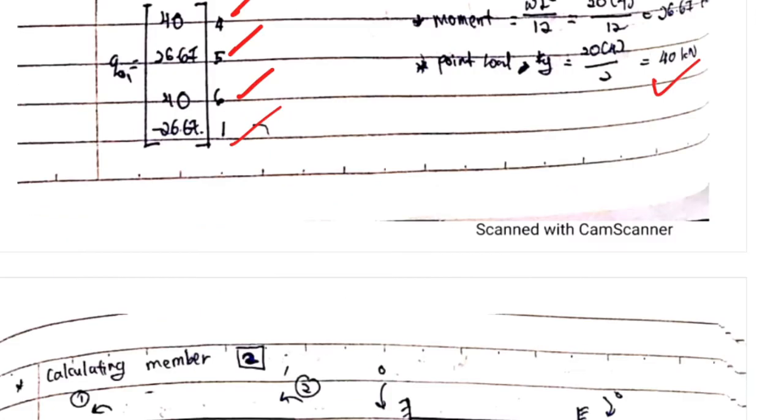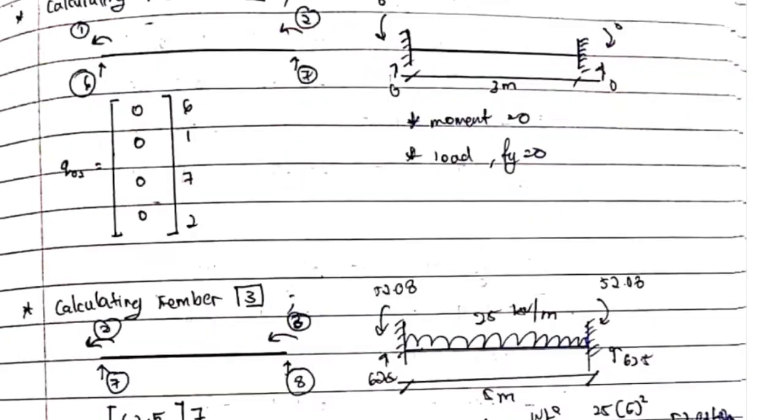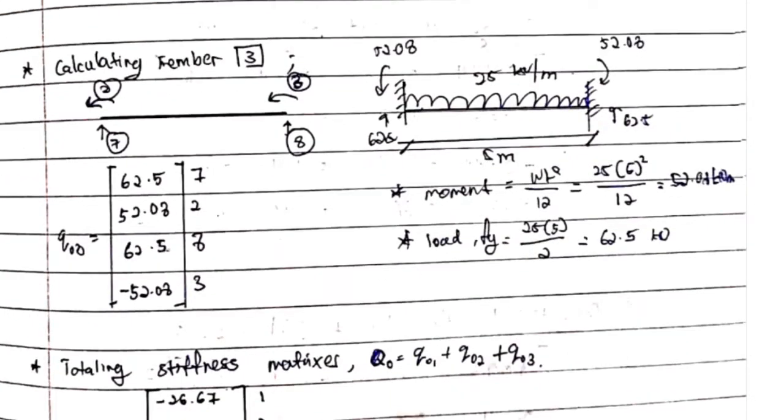For element number 2, since node 2 doesn't have any load on the member, all values are equivalent to 0. For element number 3, again it is UDL, the W is 25, the length is 5 meter. So WL over 2 is 62.5 kilonewton.